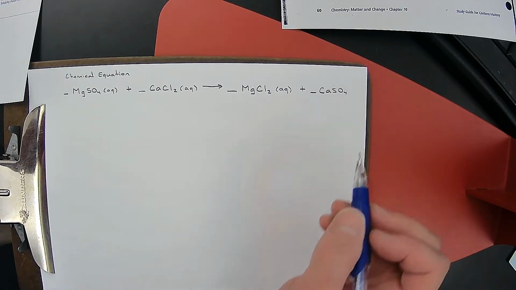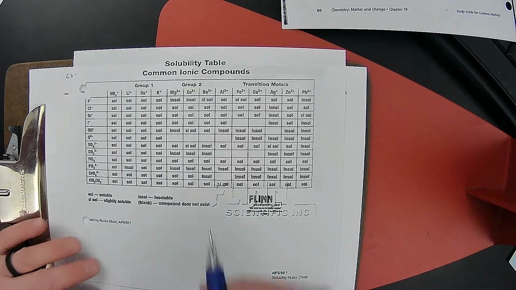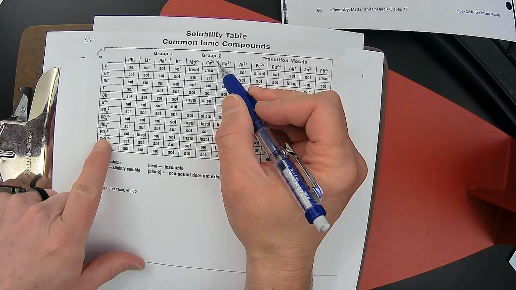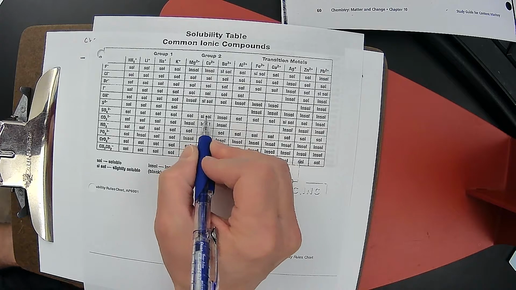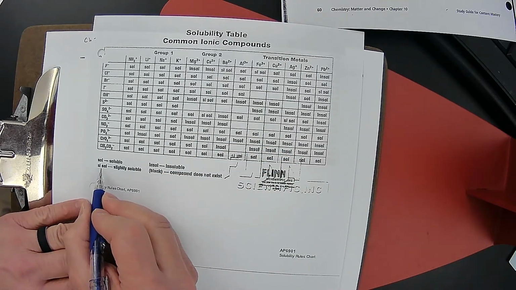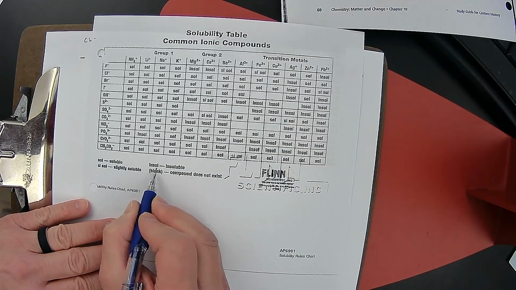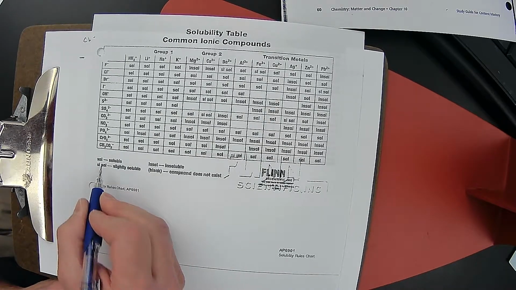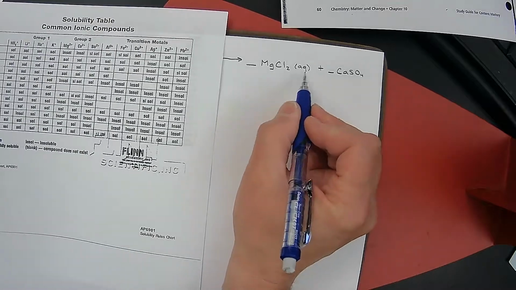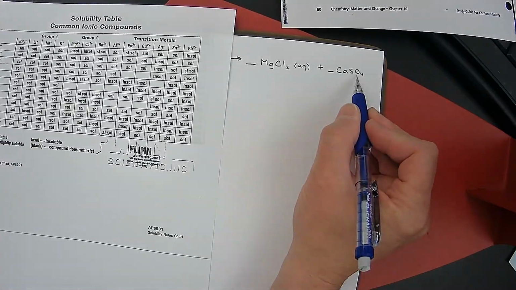So I find Ca and SO4, and I look, and this is slightly soluble. Anytime we have slightly soluble, we're going to allow that to move to insoluble. If you have slightly soluble and the other substance is soluble, then it goes to insoluble.